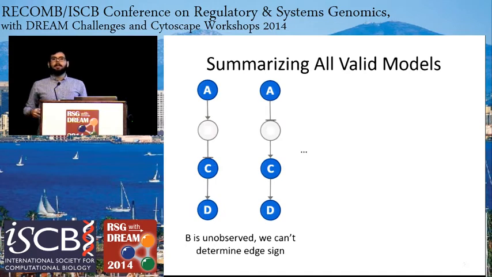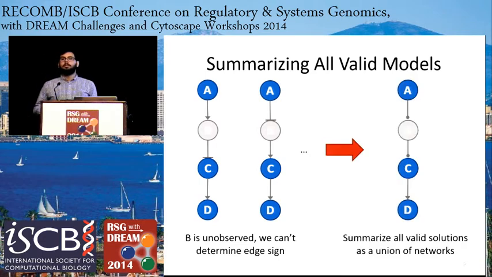Now that we have this space of models, there is typically exponentially many of these sign-directed models that we get from our inputs. For instance, here's a small example. As B is not observed, we assume that it can either be activated or inhibited by A. Our approach is to summarize the whole space of models, instead of enumerating all of them, which is intractable because there are exponentially many in networks of hundreds or thousands of nodes.